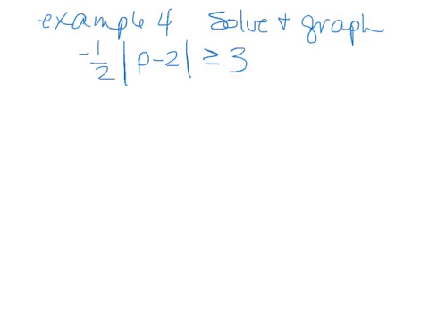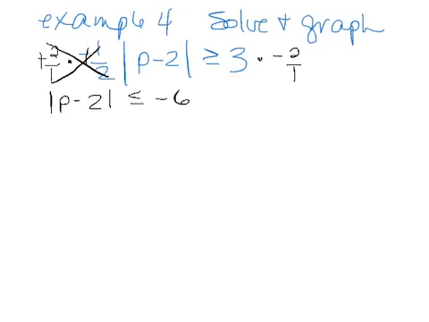Let's try another one. Multiply both sides by this fraction, because I need to get that by itself. So the reciprocal will get rid of it. And I just multiplied by a negative, so you got it, change your inequality. Negative 6.